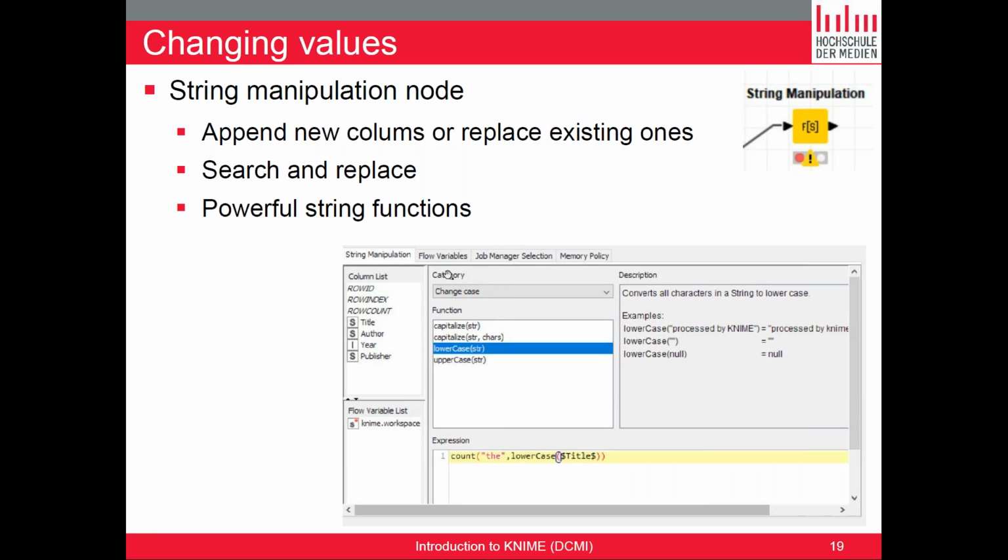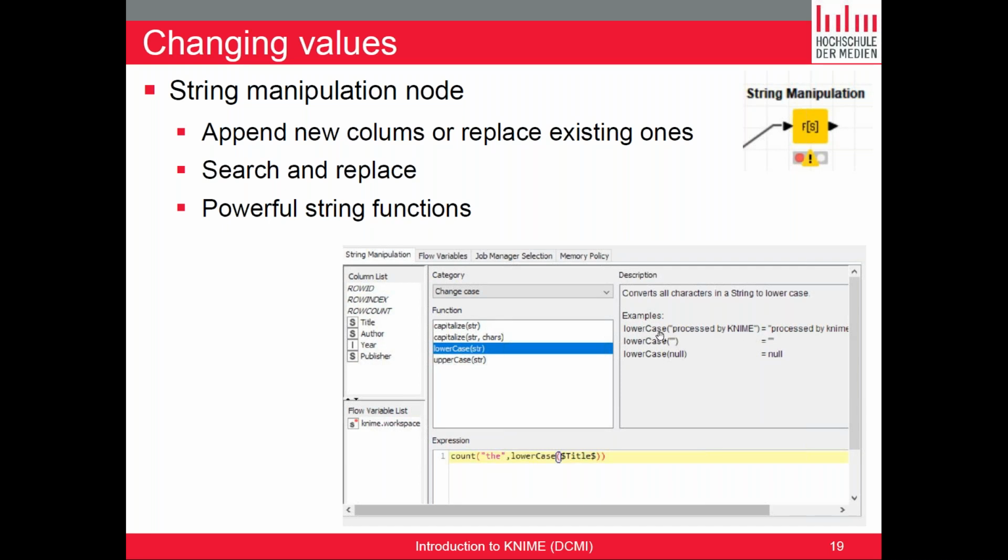First of all, you have a category that combines similar functionality under a reasonable heading. Here, for example, all the functions to change the case of a string. And you can now see the functions that are available are capitalize, lowercase, and uppercase, all doing what their name implies. But there's a full description describing the working of the function and tons of examples to see how it would react.